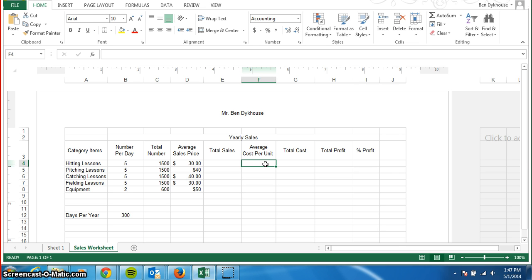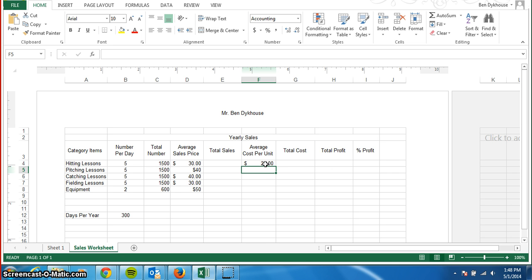So let's say I would pay for a younger kid, I could probably pay a high school student to give hitting lessons if I trained him or her really well. So the average cost might be $20. Okay, let's say I paid that person $20 to give that lesson. That's pretty good. That's a pretty good price.